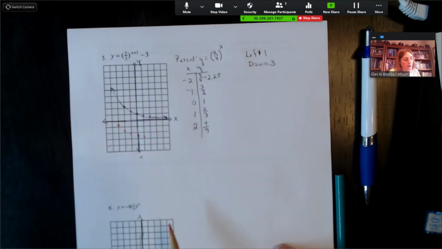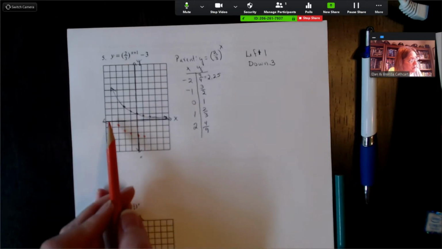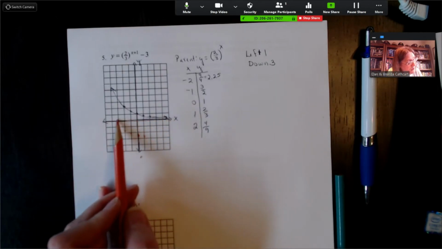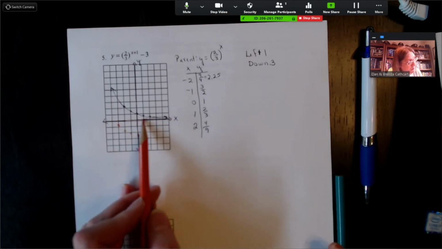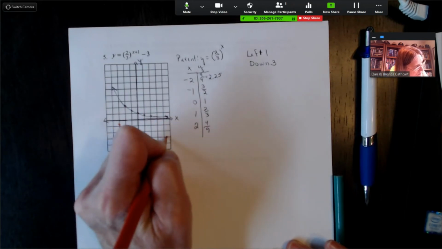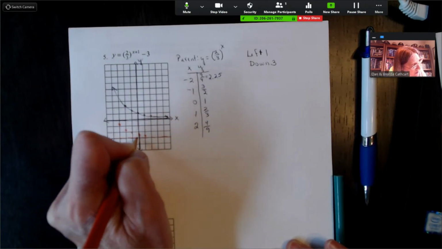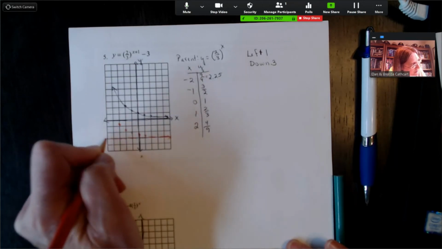Since we moved everything left 1 and down 3, our horizontal asymptote, which was at y equals 0, is also going to be moving down 3. So that asymptote, where we're going to get snugged up against on one end of our graph, is also down here.